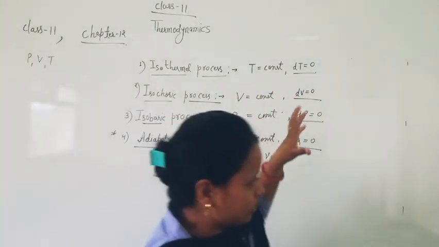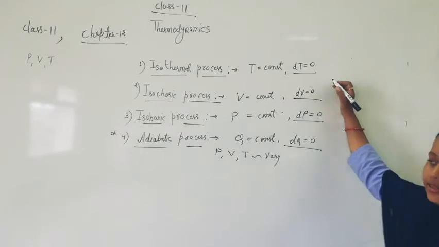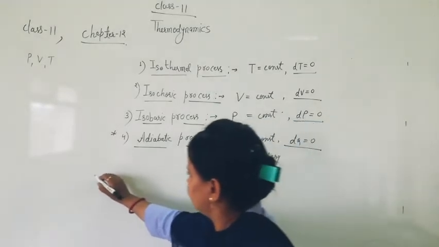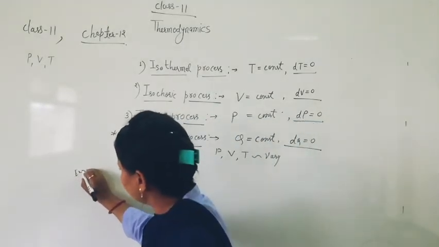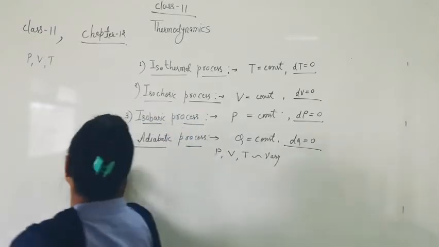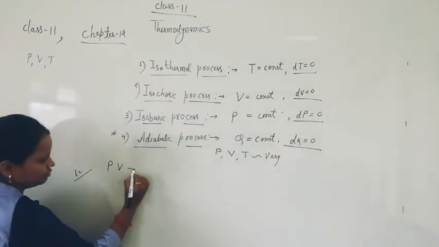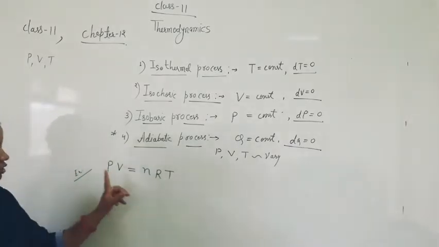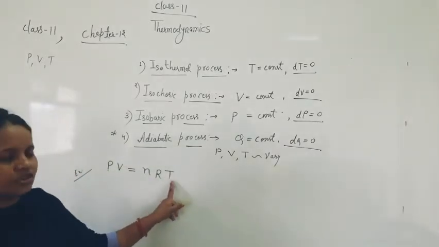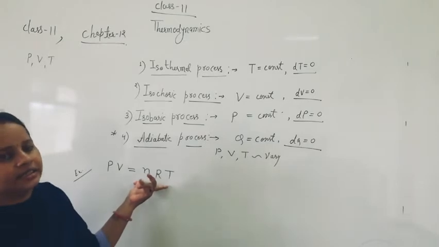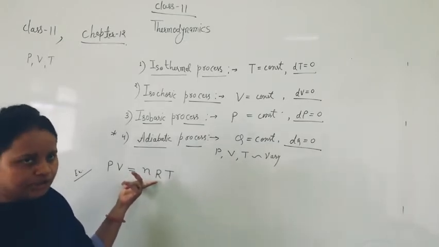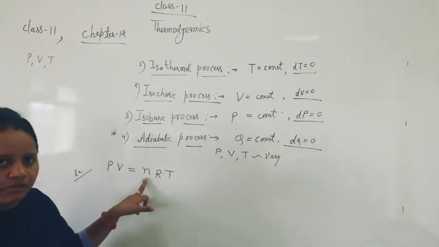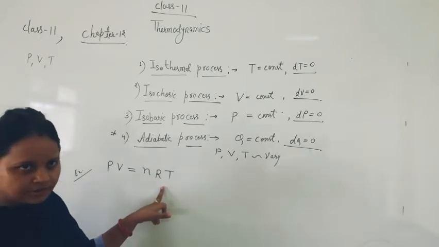Here we have the ideal gas equation. For example, we can solve it here. The ideal gas equation is PV equals nRT. Pressure, volume and temperature variables are related by this ideal gas equation, in which n is the number of moles and R is the gas constant.